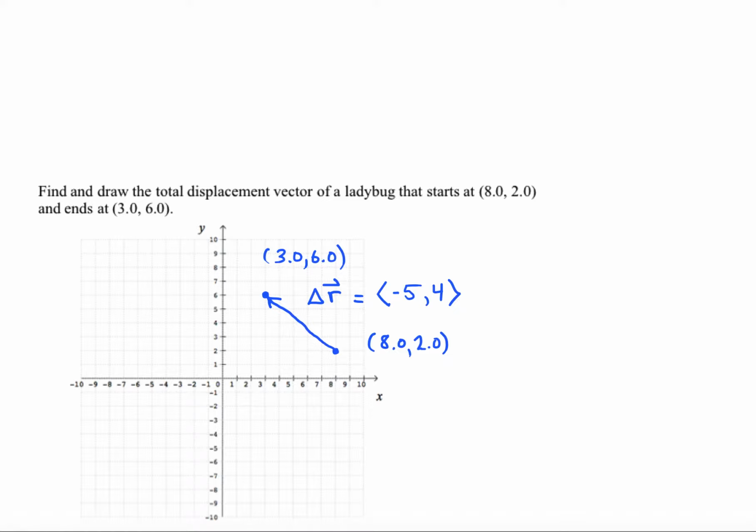But we want to go farther with this and come up with an analytical way of finding the delta r through mathematics. So we want to go back to the one-dimensional idea that we had used in the past, initial plus change equals final. And if you recall, in the past we had used xi plus delta x equals xf.